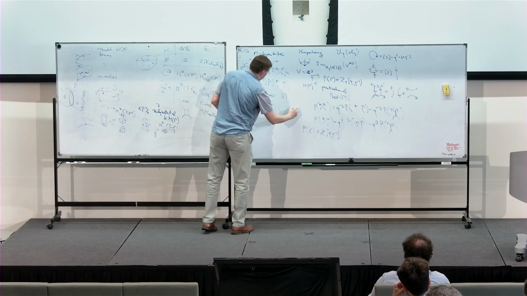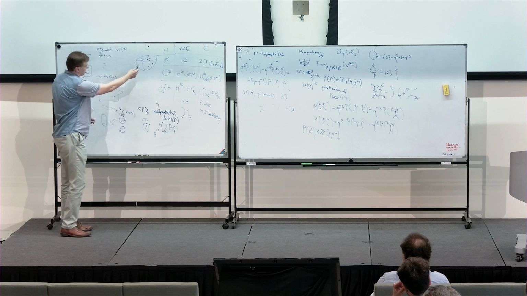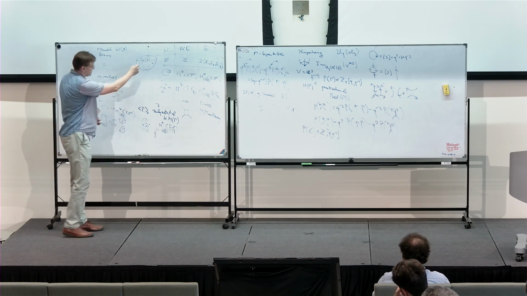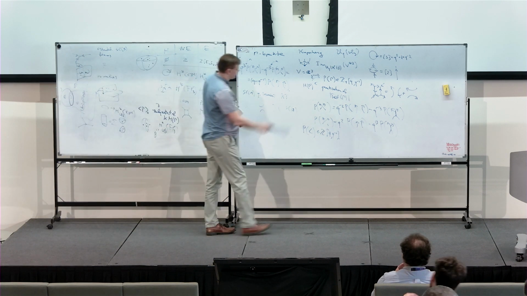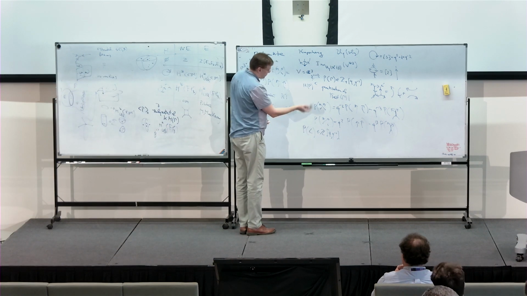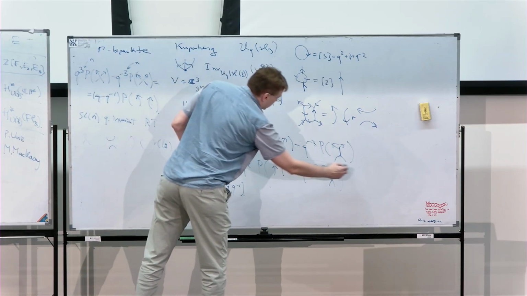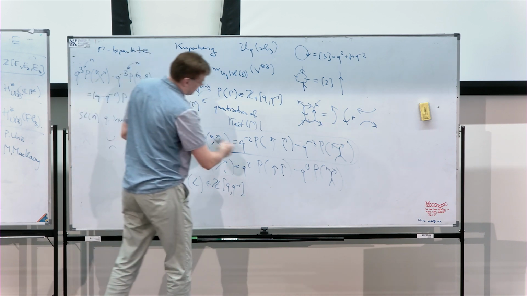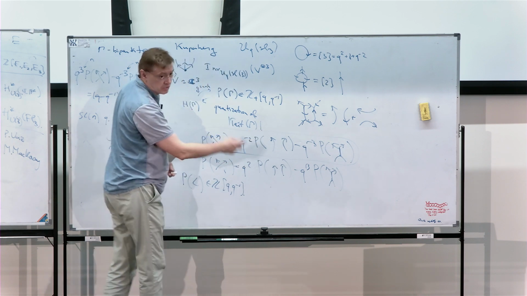But for the SL3 case, we had to use this universal construction for oriented SL3 foams, getting state spaces for oriented planar trivalent graphs. And to do the last step, to get to homology of the link from homology of planar graphs, you want to lift this relation to a long exact sequence of homology groups.